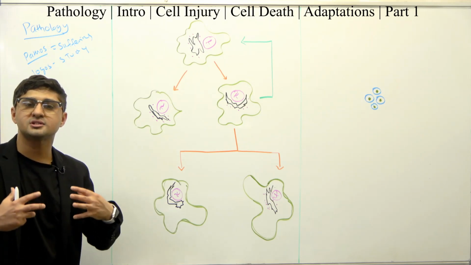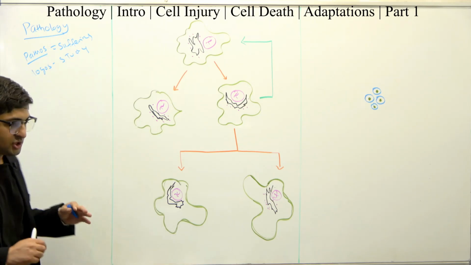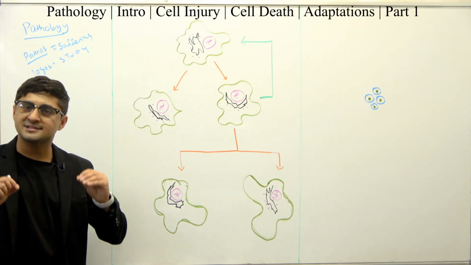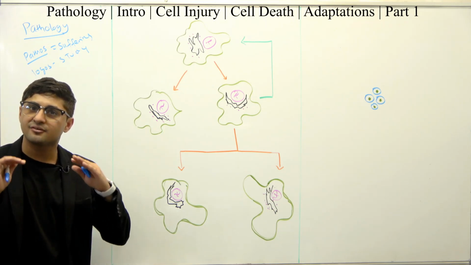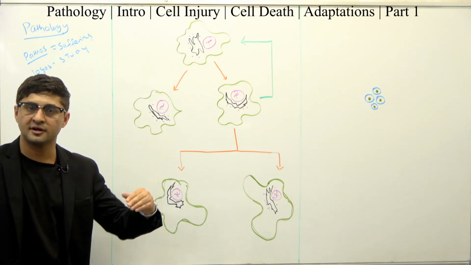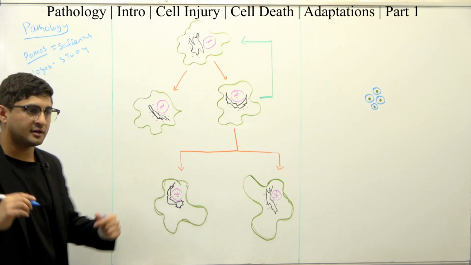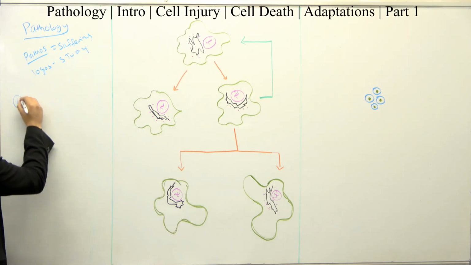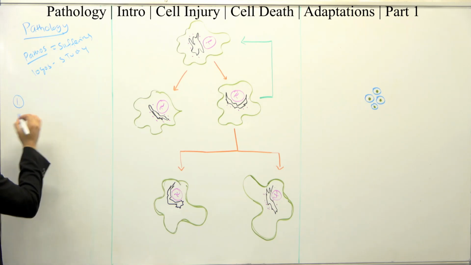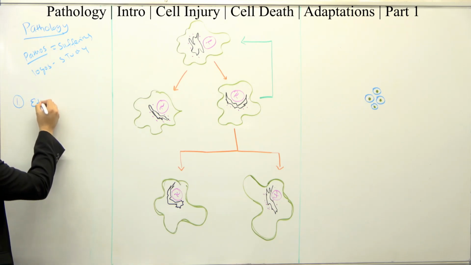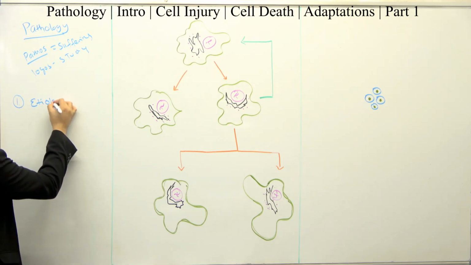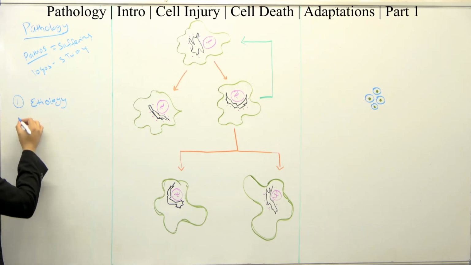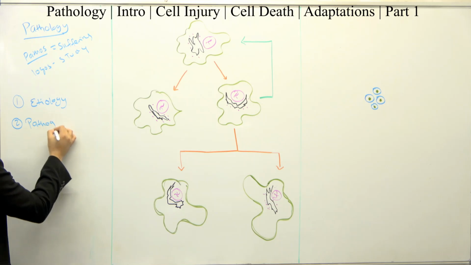Whenever we study pathology, we always have to look at each disease and its conditions in 4 different sections. Let me write that down. Whenever there is any disease, first we need to know the etiology of it, and I'll define what this means. Second, you have to know something called pathogenesis.